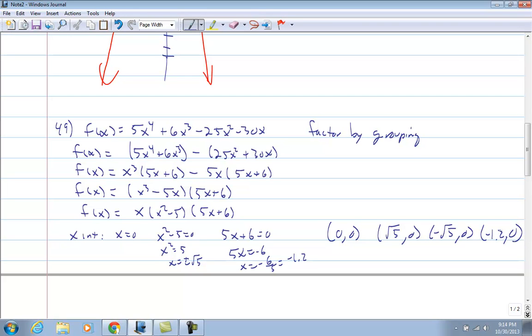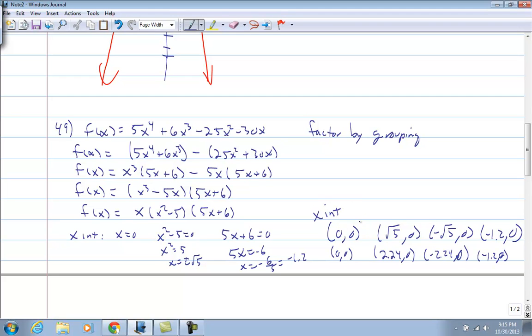It's 2 point what? 2.23. So again, (0, 0). Let's say (2.24, 0). (Negative 2.24, 0). And (negative 1.2, 0). So those are our x-intercepts.